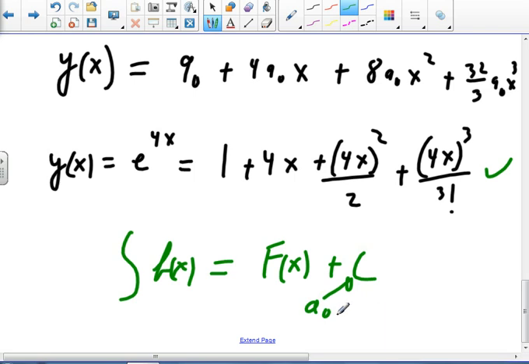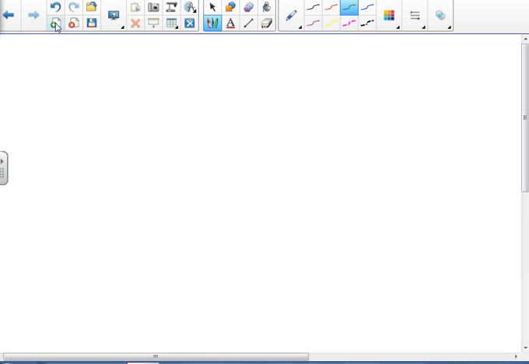Okay, so we call it arbitrary, and so that's what that means. And then what does RF stand for? Recurring formula.